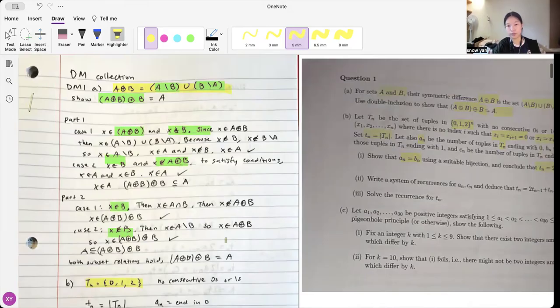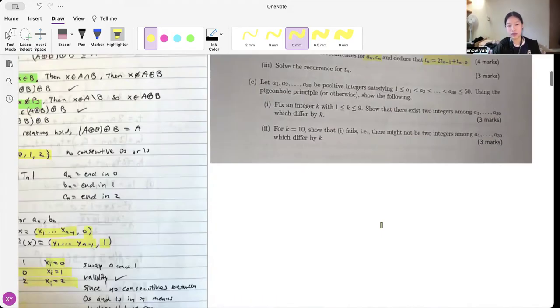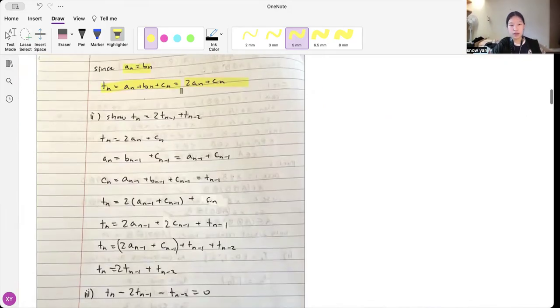Pretty straightforward. Part 2, write a system of recurrences for An, Cn, and deduce that Tn is equal to 2Tn minus 1 plus Tn minus 2. Okay, so this is what I want to show. I start off with what I know from the earlier part, Tn is equal to this. I know that An, because it cannot be consecutive, if An ends in 0, then the previous digit before that 0 cannot be 0.